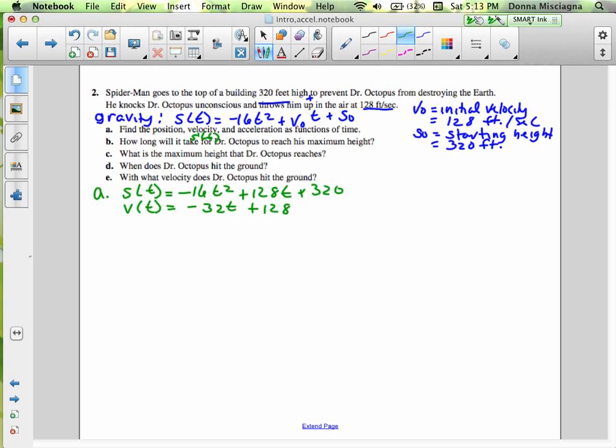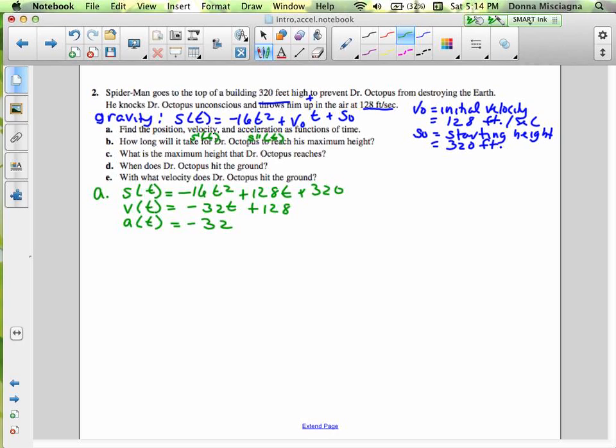And then acceleration is the second derivative of position. So a of t will be negative 32. Easy derivative there. By the way, what if we wanted to find jerk? Well, this is nice and smooth because jerk would be 0, because the derivative of negative 32 is 0. So no abrupt changes here in our acceleration.